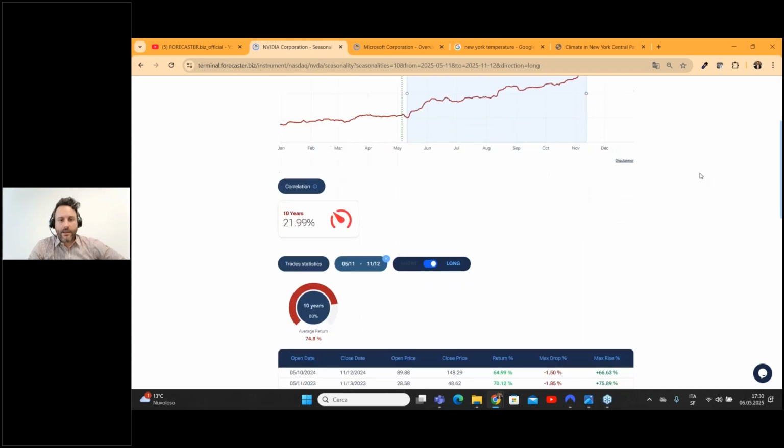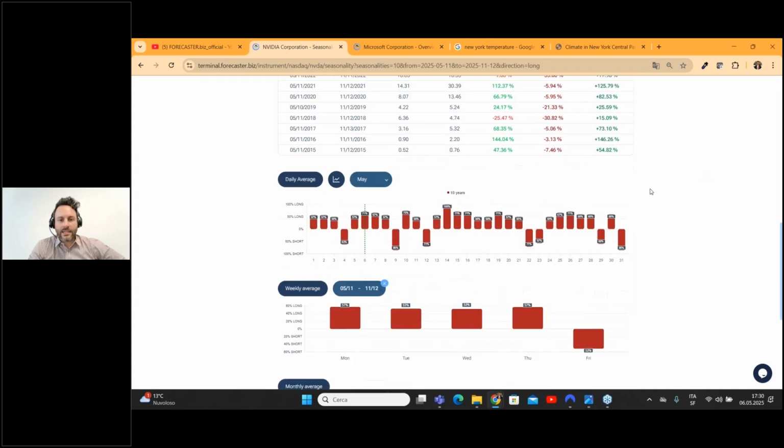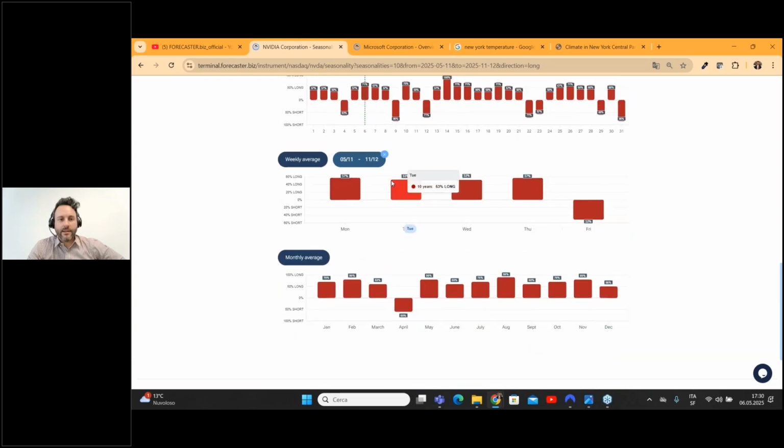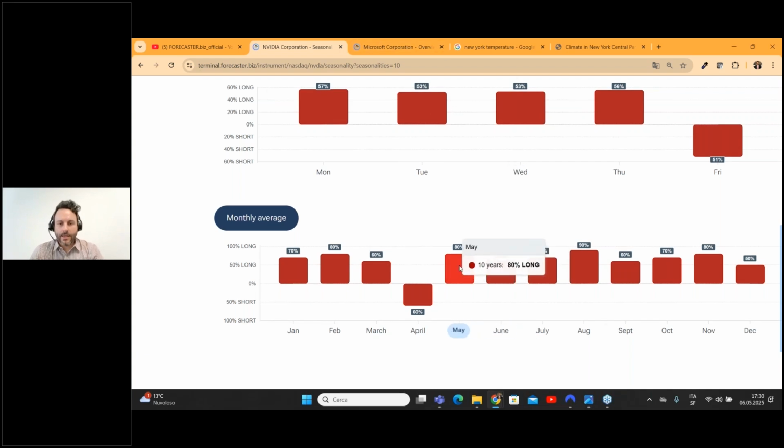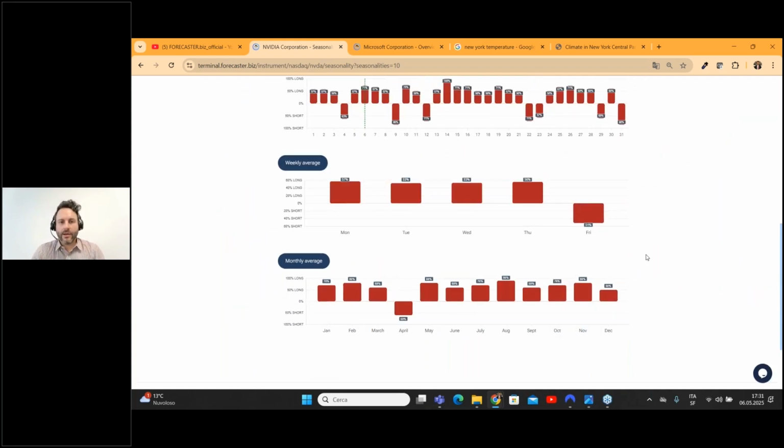You can find all the statistics, and you can also find the monthly average, for example. As you can see, in May, in the last 10 years, 80% of Mays were a long month. So 8 out of 10, we had a positive return, which is very interesting.